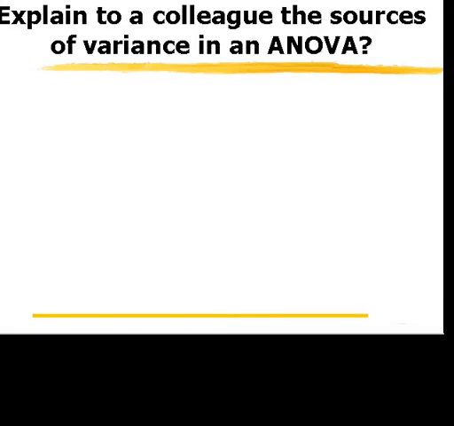Okay, so this is the theoretical aspects that you need to understand before the mathematics begin to make some sense. Don't even think about the mathematics until you understand the logic of the analysis of variance theoretically.